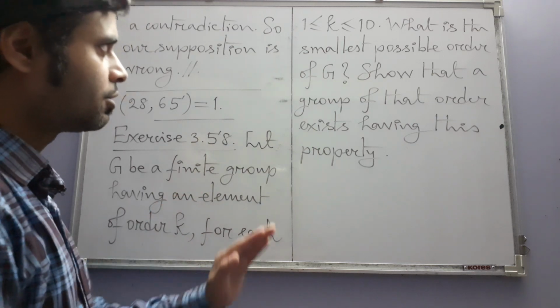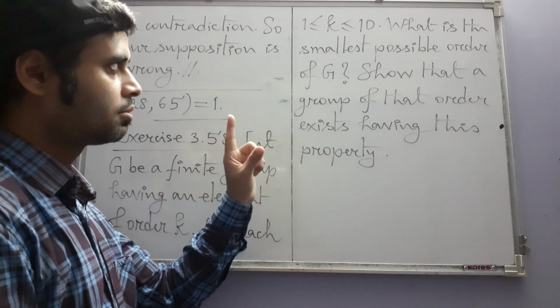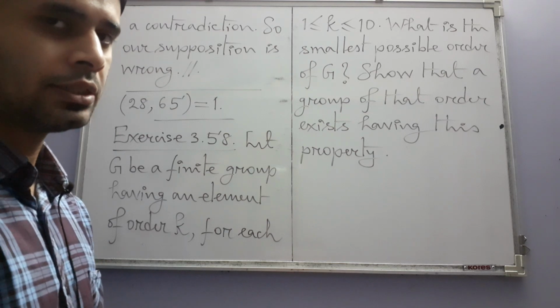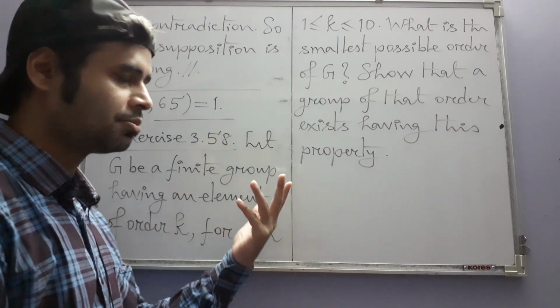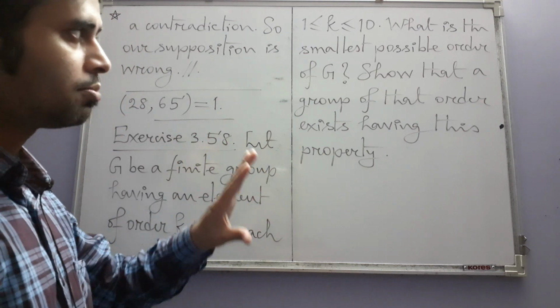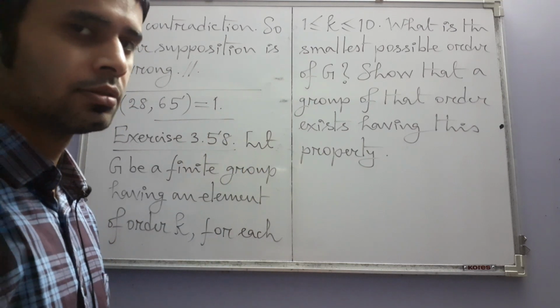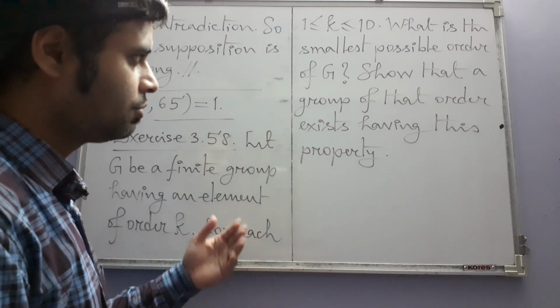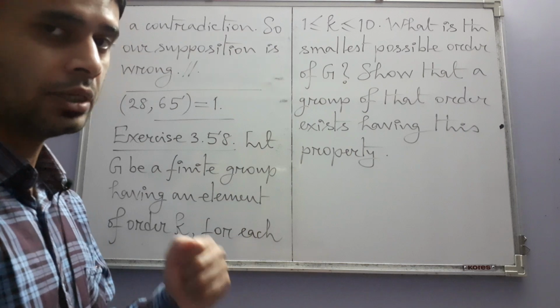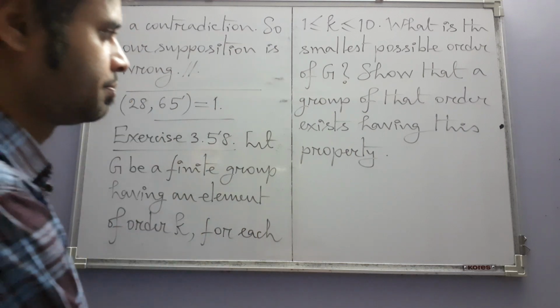Now with this condition, what is the smallest possible group G? I should not say the smallest possible group because there may be multiple such groups, but what is the smallest possible order in this situation? And then we also have to show that there actually exists one such group with that smallest order.